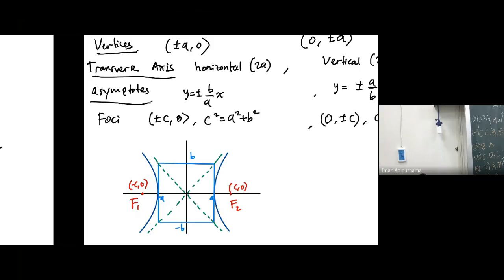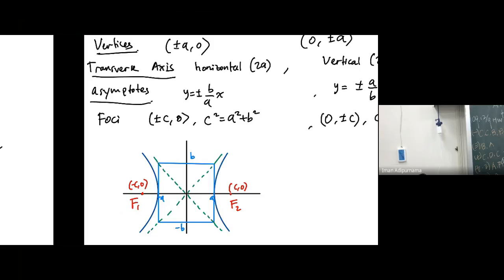So the proper way to draw this hyperbola, you can draw the asymptotes first from b over a, if you know the formula, x squared over a squared minus y squared over b squared. You can draw the asymptotes from b over a x, the positive one and then the negative one.